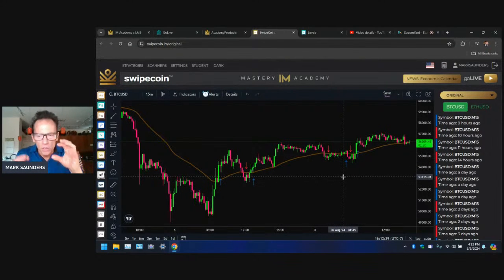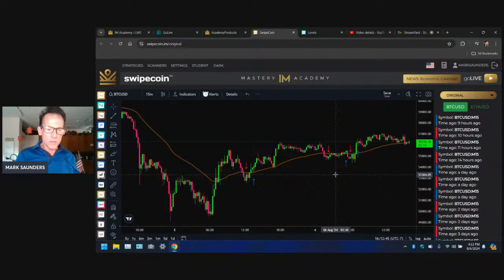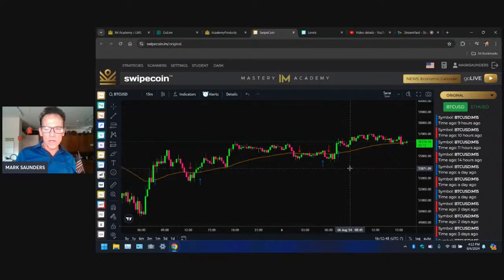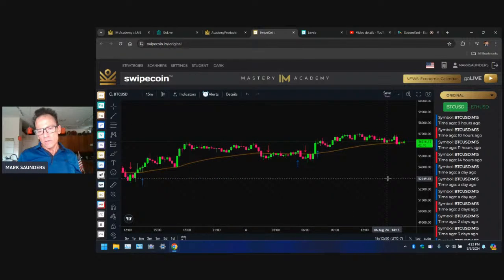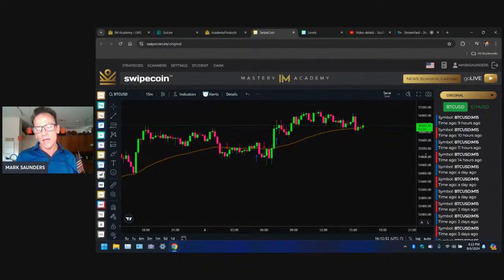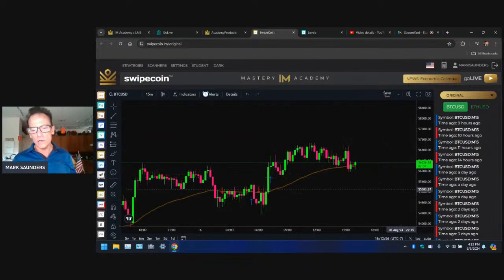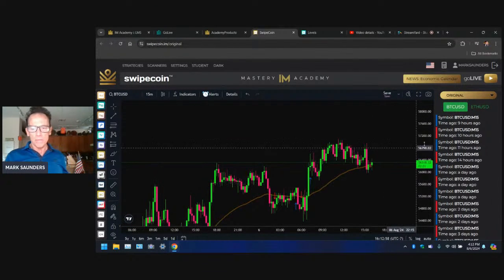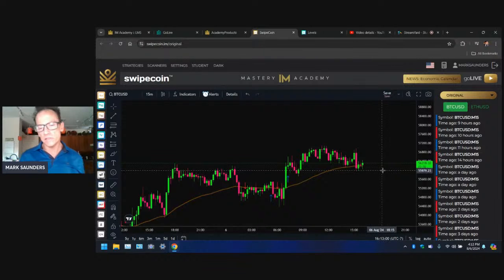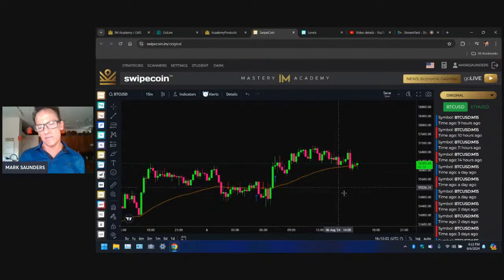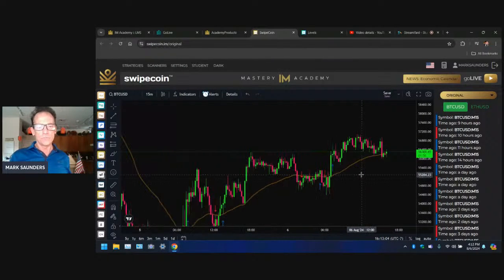So this is a little like putting it under a microscope. Just from what I see right now, see this little yellow gold line? The fact that it's hovering right around it, just from what I've heard, means that it's being indecisive.